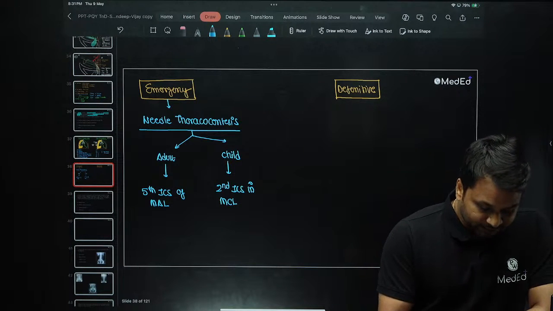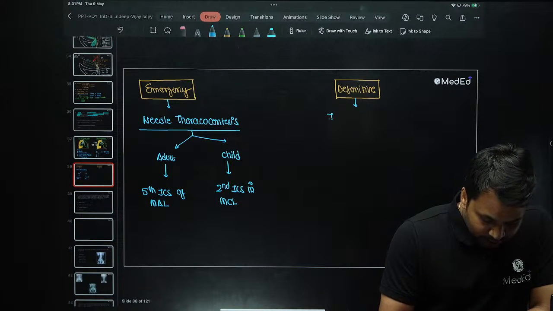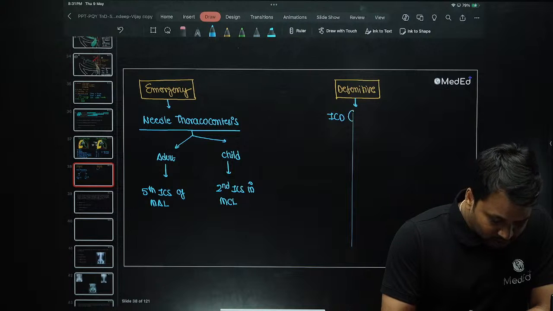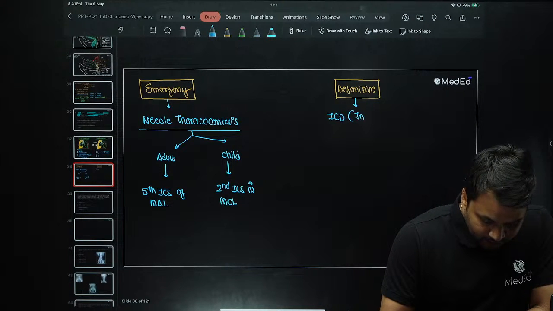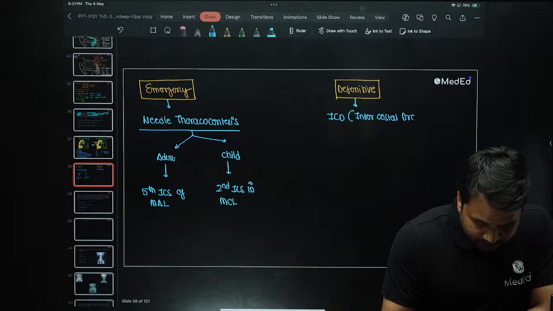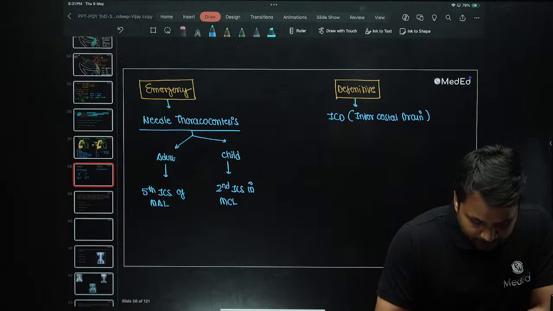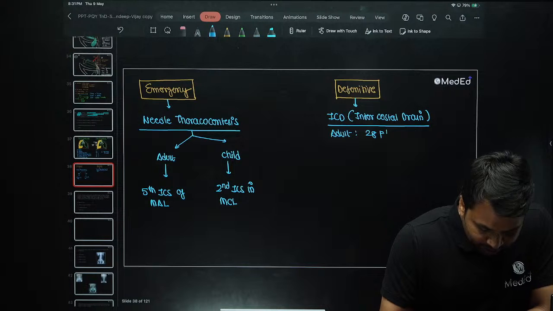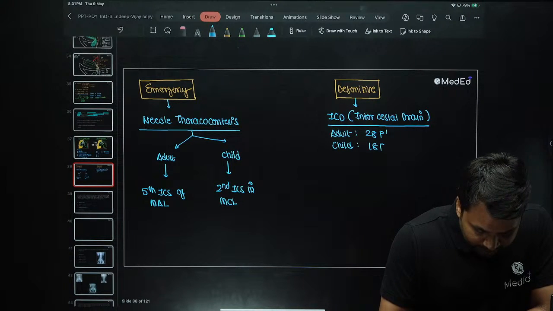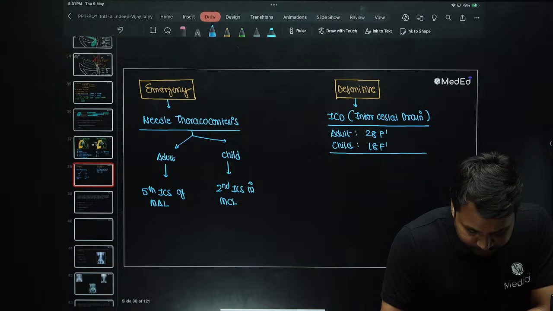Whereas when you talk about definitive, then I have to put an ICD, that is your intercostal drain. Now, the ICD that is put in an adult is preferred at 28 French, and in a child, I would prefer an 18 French. Okay.